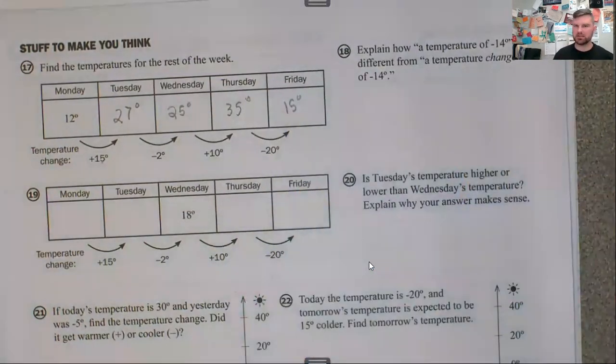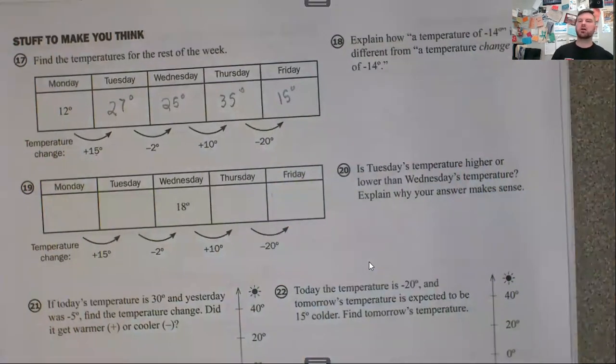Okay, so number 18, explain how a temperature of minus 14 degrees is different from a temperature change of negative 14 degrees.